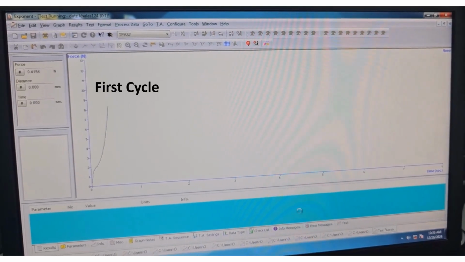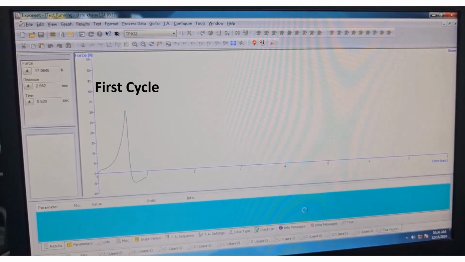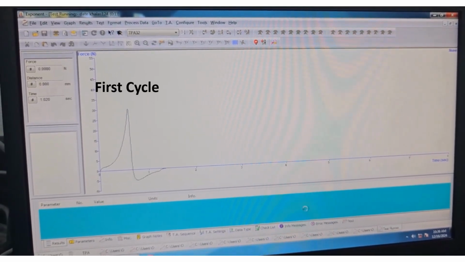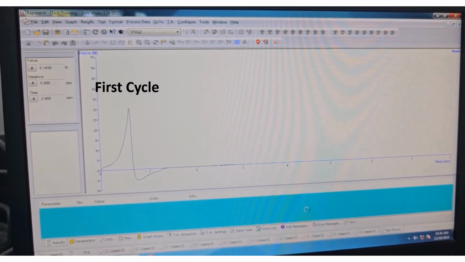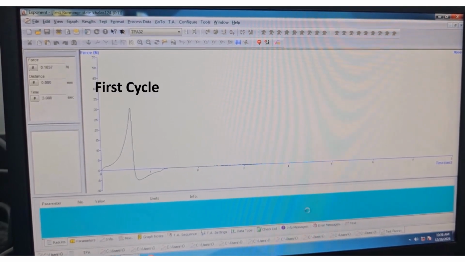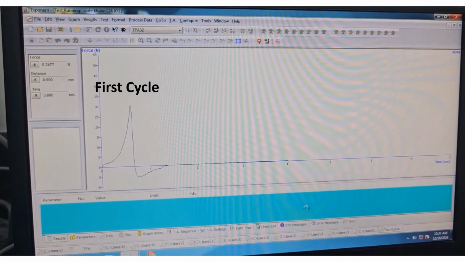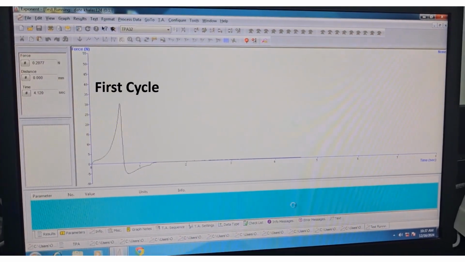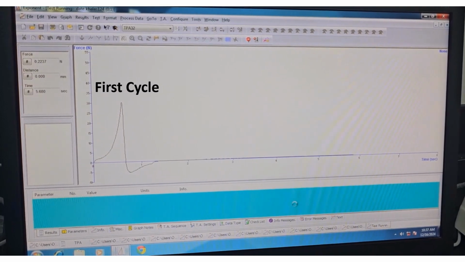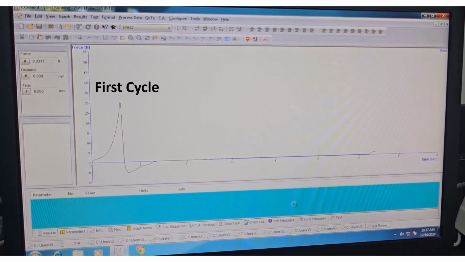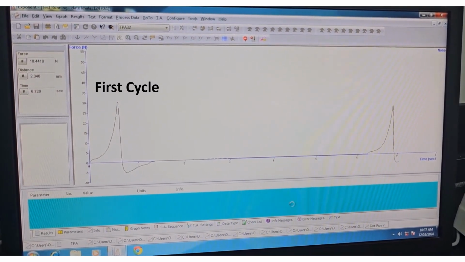The force time or force distance graph is automatically shown on the computer. First cycle completed, holding, second cycle completed.